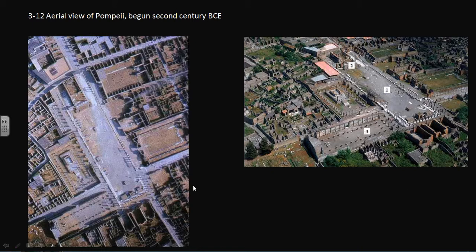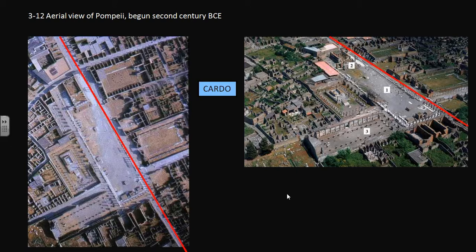Where topography allowed, it was based on a rectilinear grid, kind of like an XY graph that you might use in statistics or geometry class. There were two primary boulevards running through town. There was one that ran north to south, and this was called the Cardo. You see it here on the aerial views.